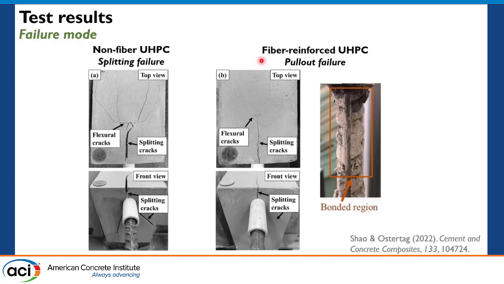For all fiber reinforced UHPC, the failure was dominated by pull-out failure, so the splitting crack was very well constrained. The crack width is very small, and after we pull out the rebar, we can see that the UHPC key between the steel ribs is completely sheared and crushed, pulverized into powder, which means the failure was dominated by pull-out failure instead of splitting-induced failure.